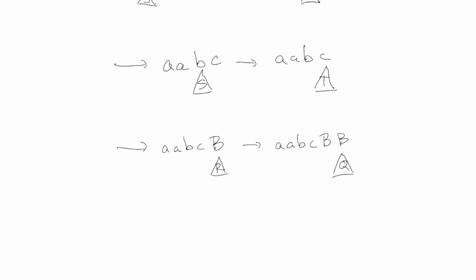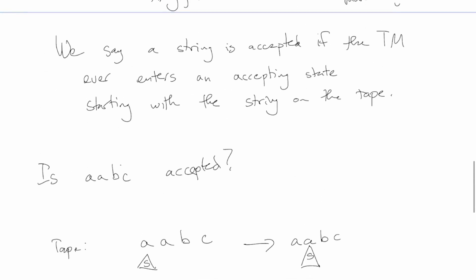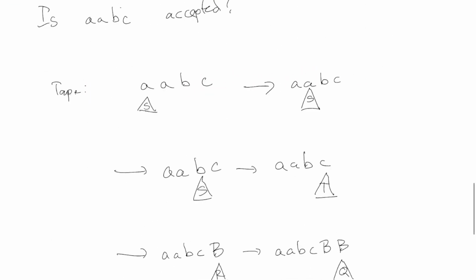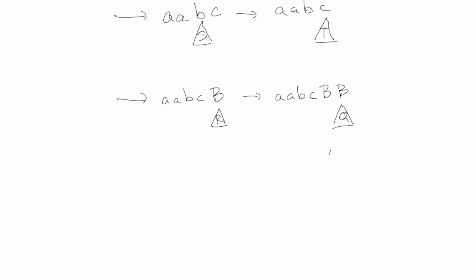And what I said up here was the string is accepted if the Turing machine ever enters an accepting state. Q is an accepting state, and so we stop and this string is accepted. So it's over, and the string is accepted.